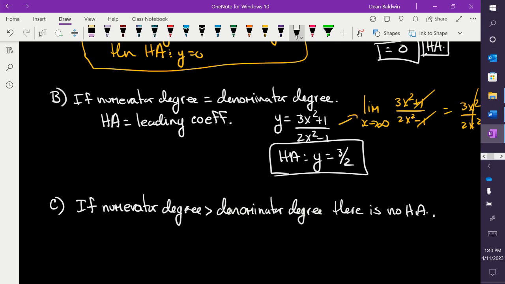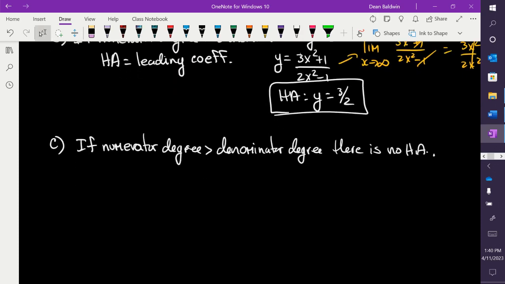That's what we said in grade 12, Math 12. We said if the numerator had a larger degree than the denominator, so for example, if I had this, and I said, what's a horizontal asymptote? You would say no horizontal asymptote. And that is true.